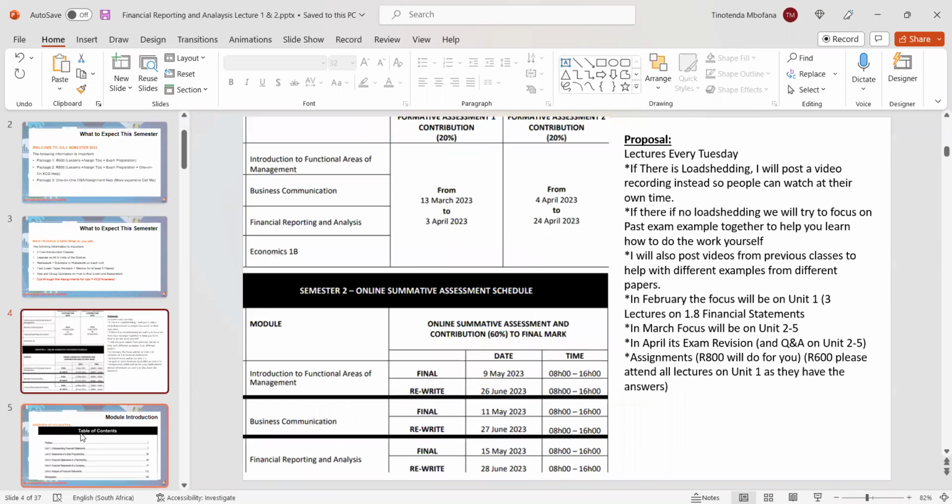All right. So in terms of the outlook of what to expect during the semester, you are going to have 2 KCQs just like you did last semester. The first one will start on the 13th of March, and the second one will start on the 4th of April. Your KCQs, just like last semester, will be multiple choice questions that you will need to answer.